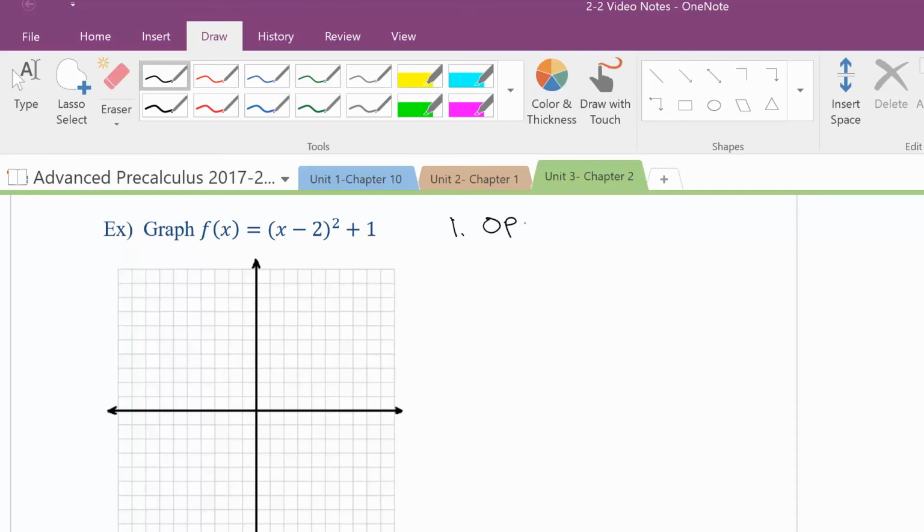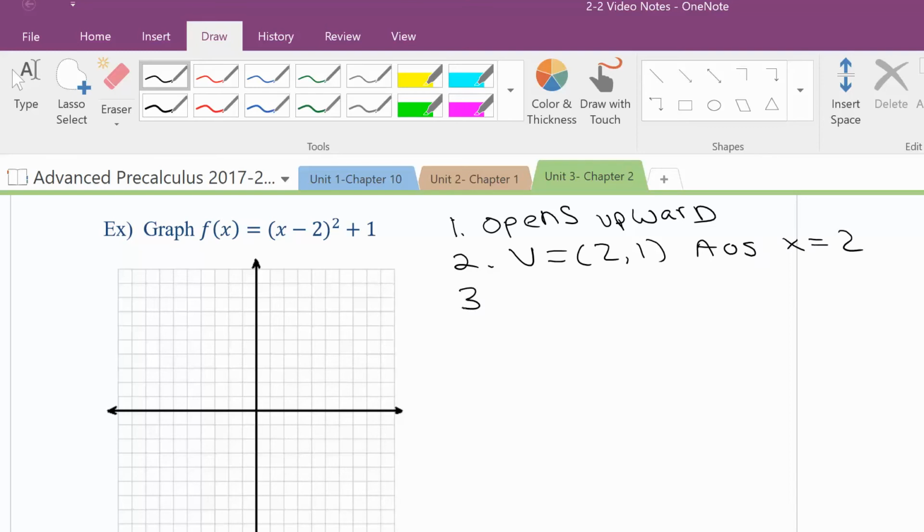This one opens upward. The vertex is 2, 1. The axis of symmetry is x equals 2. The intercepts, well, right here I get negative 1 equals x minus 2 squared.